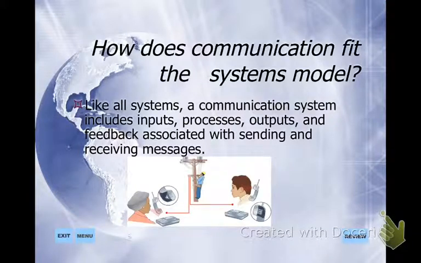We have to have input, people coming in to the scenario. We have resources. You remember there's 7 resources. Then we process the data that you're sending. Then someone receives it. That's the main output. And feedback is, did it go through? Or did it get hung up in the middle, you lost reception, etc.? That is also feedback.